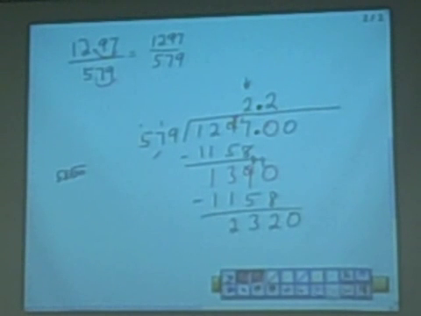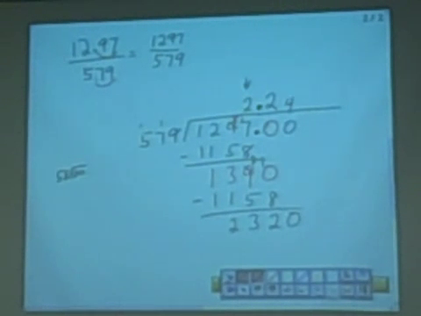Well, 5 can divide into 23 possibly 4 times, right? So that means 579 may divide into 2320 about 4 times.